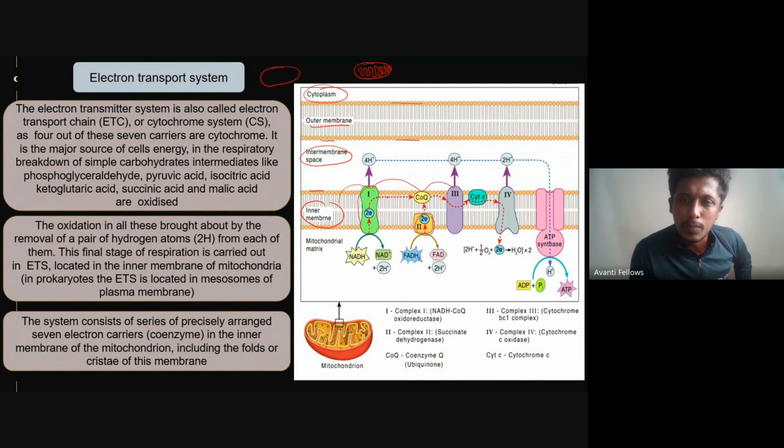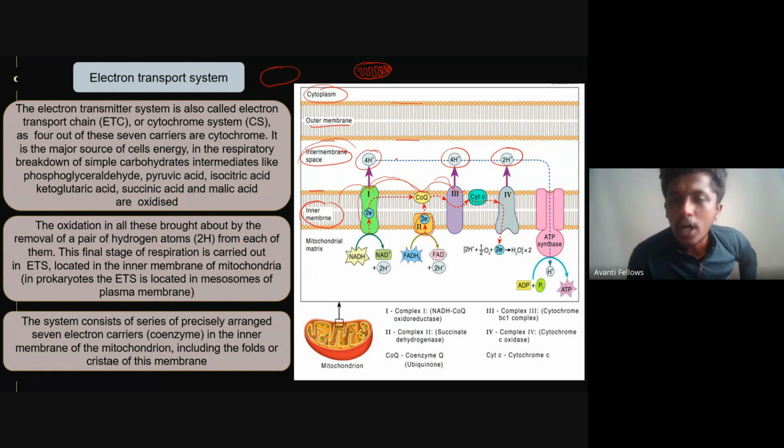Electron transport chain means electrons are carried from one complex to another complex to another complex. During this process of moving these electrons, what does our inner membrane do? It starts accumulating hydrogen, hydrogen, hydrogen. It starts accumulating a lot of protons within the intermembrane space.